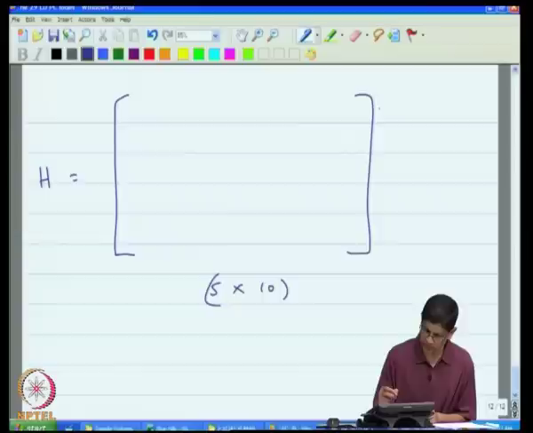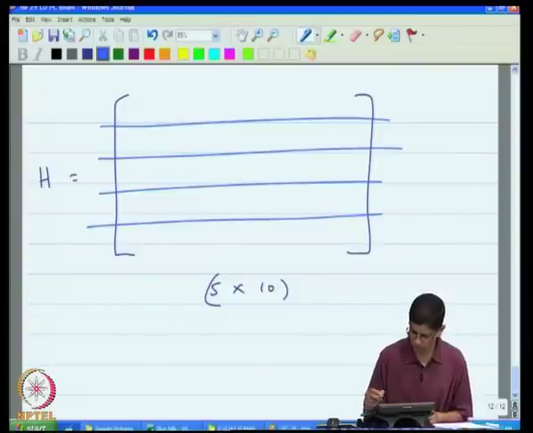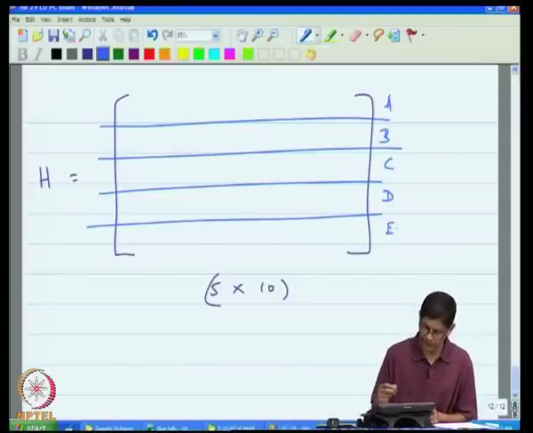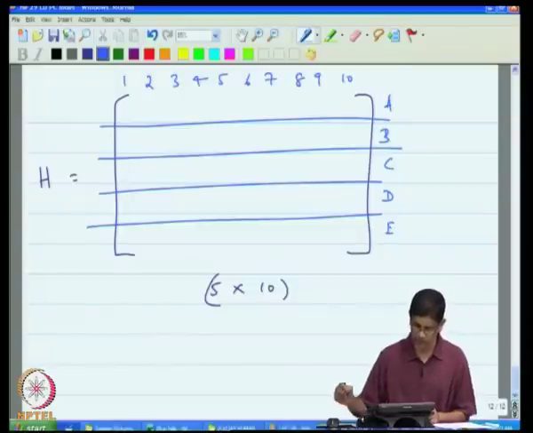The rows of the matrix are, let us say, labeled as A, B, C, D, E, and there are 10 columns. So, the columns are numbered 1, 2, 3, 4, 5, 6, 7, 8, 9, 10. Okay.